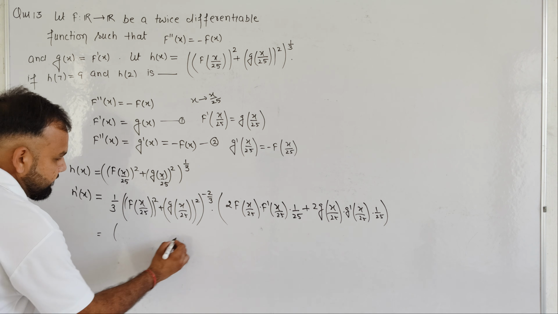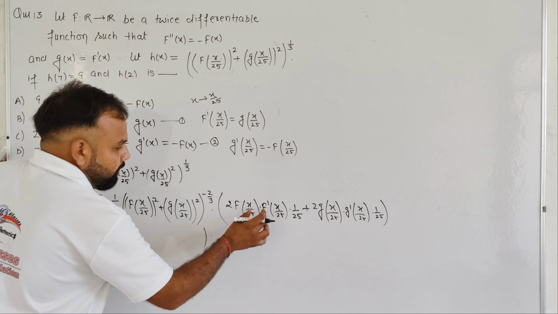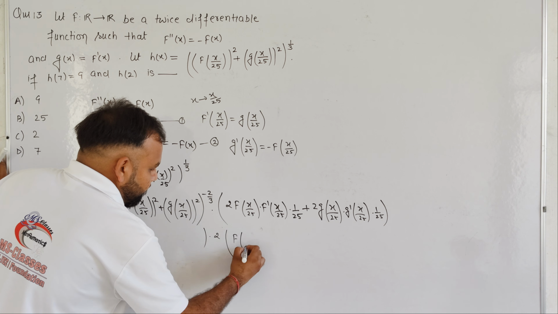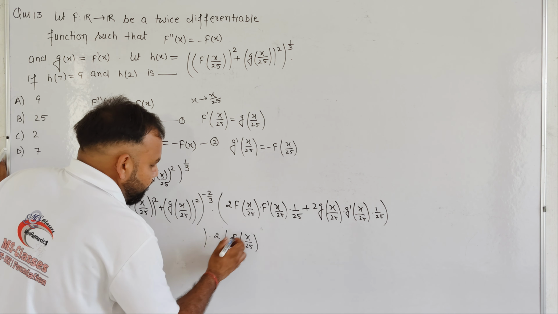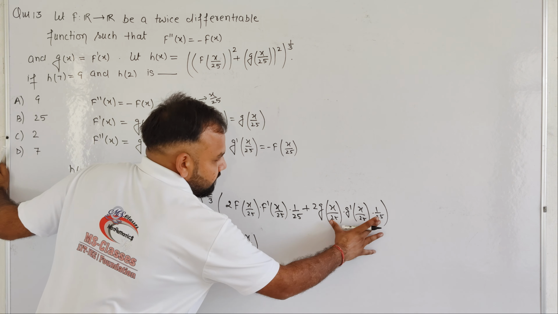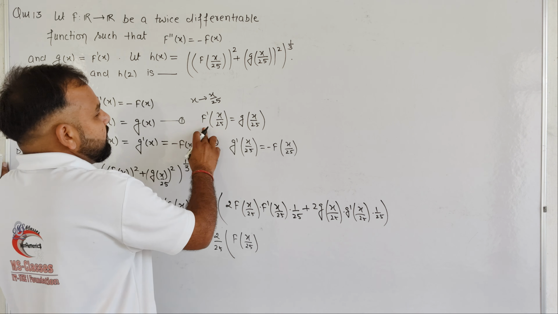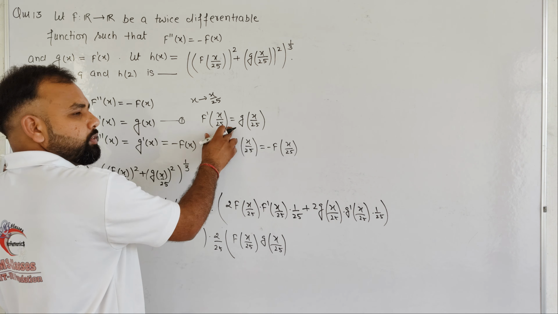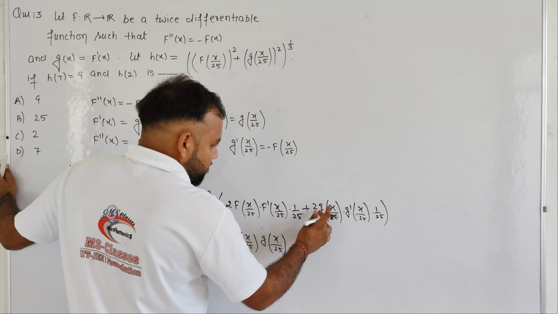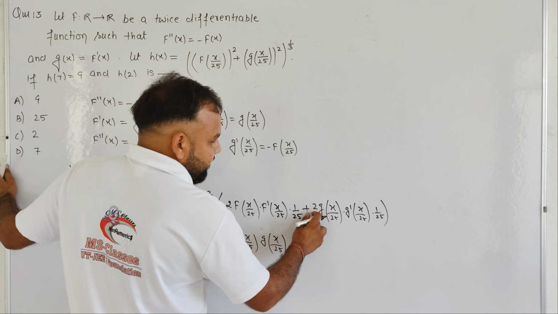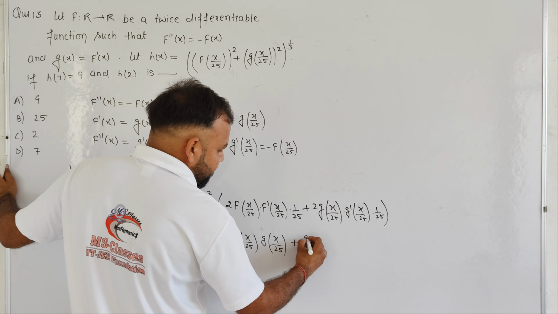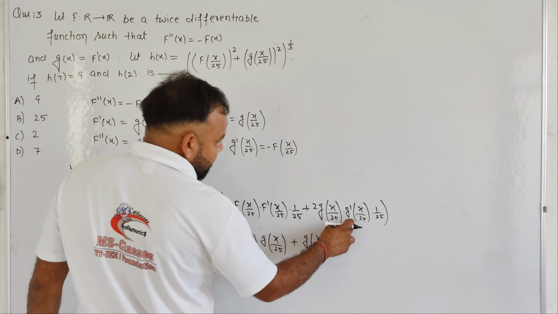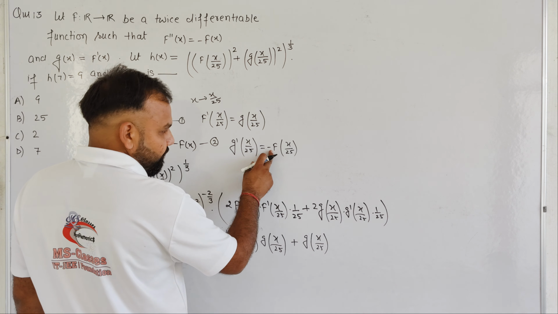Let us consider this thing is the same, and it will become 2 taken out as common, f of x upon 25 is the same, 1 upon 25 also taken out common in both the things. You can see f dash x upon 25 is replaced by g of x upon 25 from equation first. This is our equation first, this is our equation second. Plus 2 is taken out common, 1 upon 25 also taken out common, it will become g of x upon 25, and we can replace g dash x upon 25 by minus f of x upon 25.